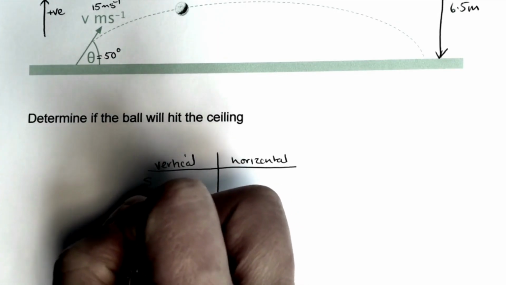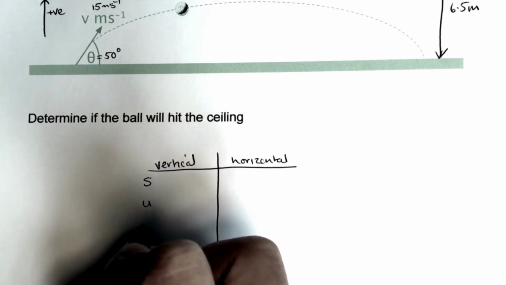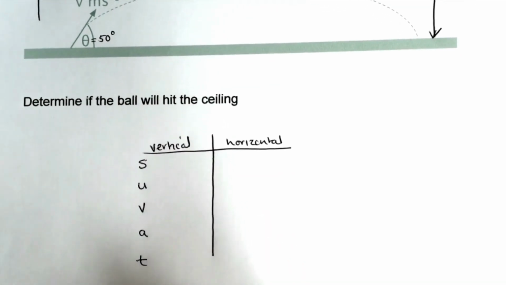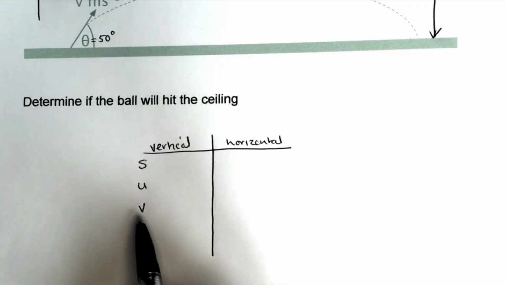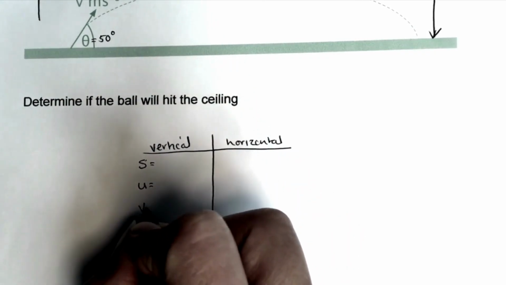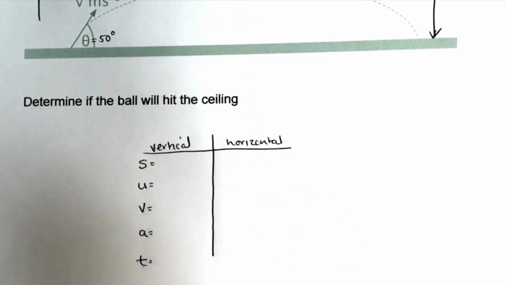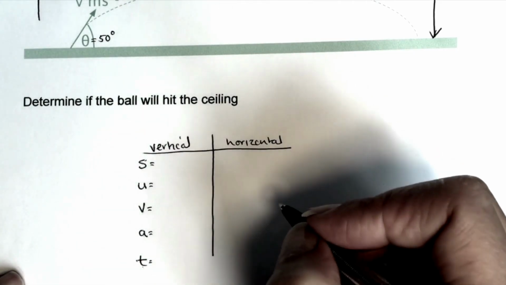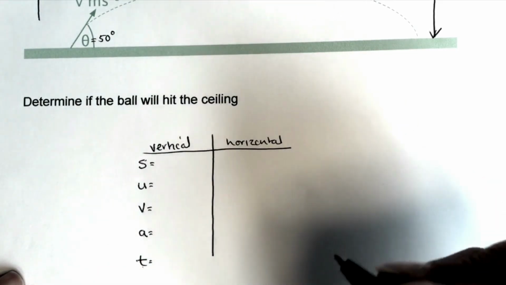With the vertical velocity, which is undergoing constant acceleration, we would use the equations of motion. And the 5 different variables in the equations of motion are displacement, initial velocity, final velocity, acceleration, and time. So we pop those 5 variables in the vertical column. The horizontal velocity undergoes constant velocity.